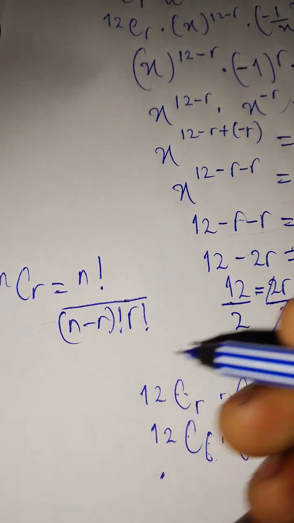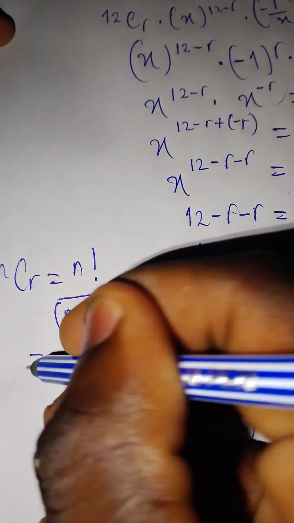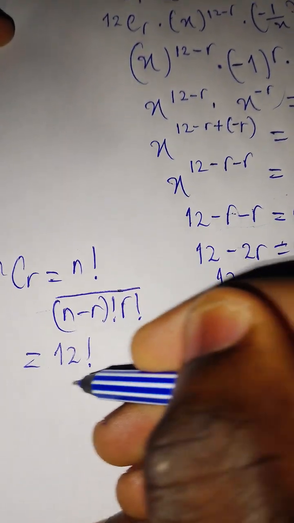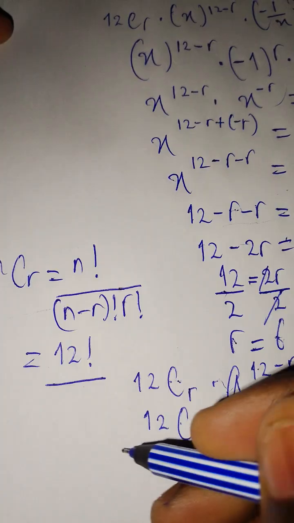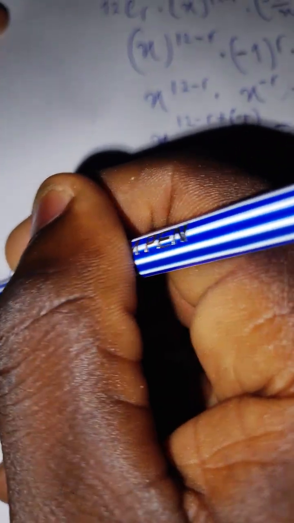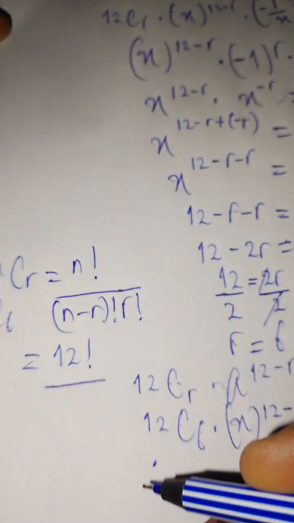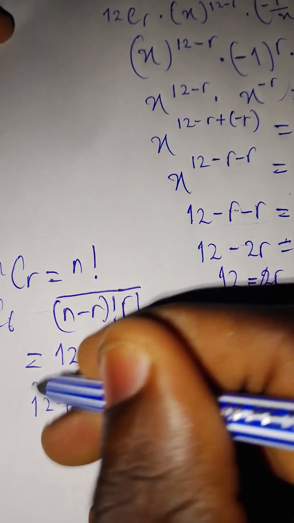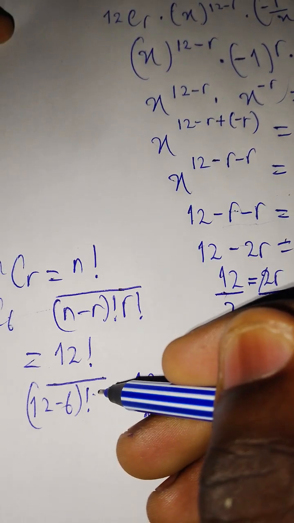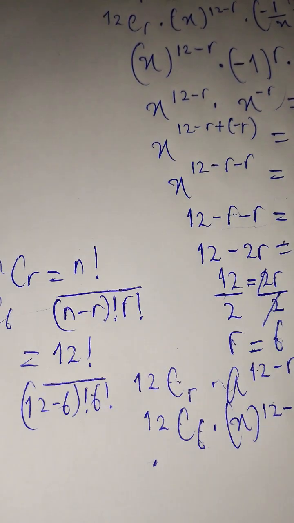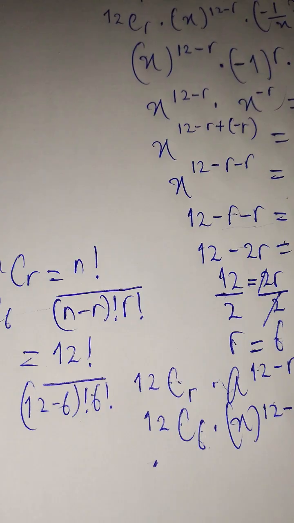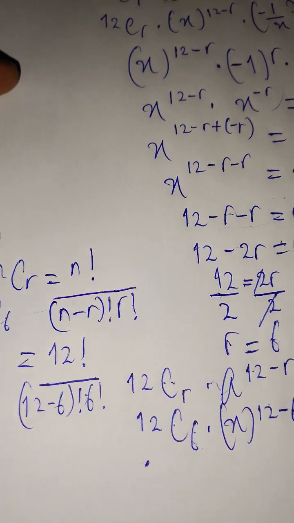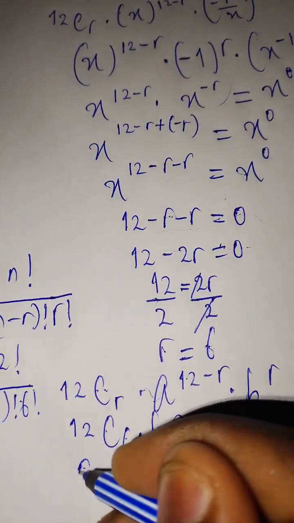So to find n combination r, this is the same as 12 factorial, since we're finding 12 combination 6. So 12 factorial over 12 minus 6 factorial, then multiplied by 6 factorial. When you work this out on your calculator, it's giving 924. So 924 here.